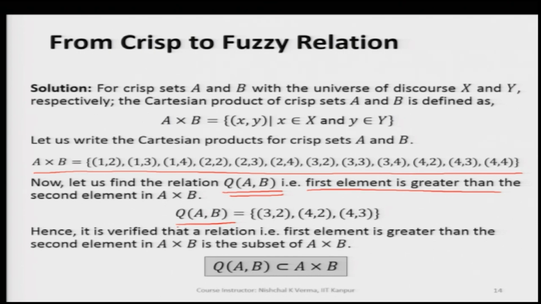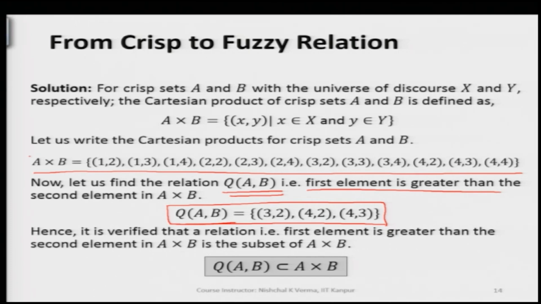So, Q A B represents a relation set, and this Q A B is coming from the total population, which we got from the Cartesian product of A and B.